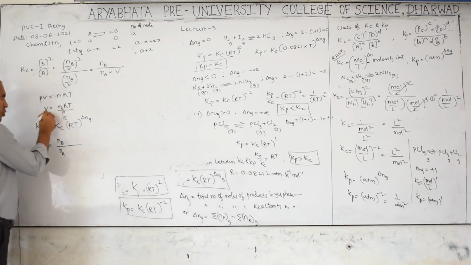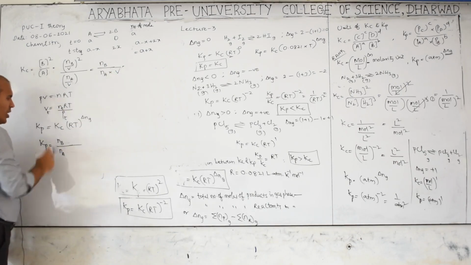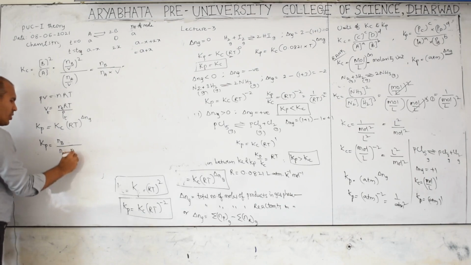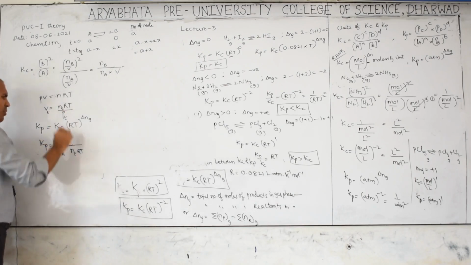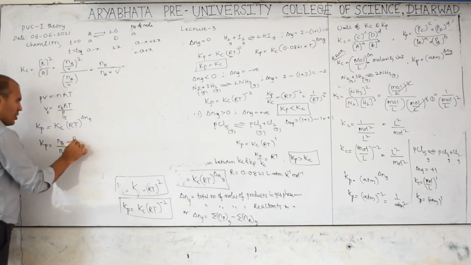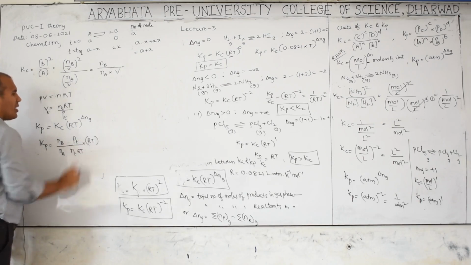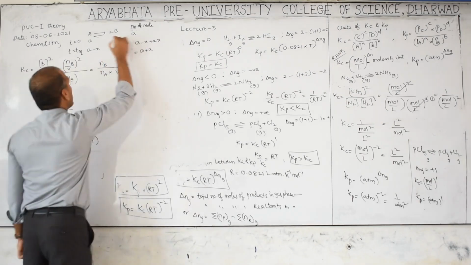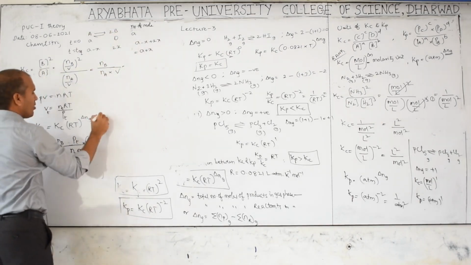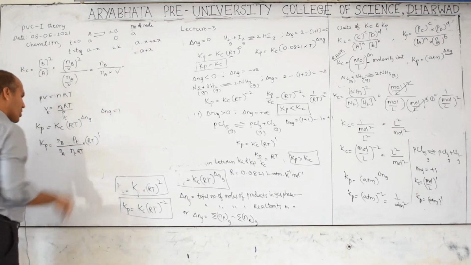Instead of total volume, I want to write here N total RT, and P will go in numerator, P total multiplied by RT power delta Ng. For this equation delta Ng is how much? 2 minus 1, therefore delta Ng value for this equation is 1. There I want to write 1.